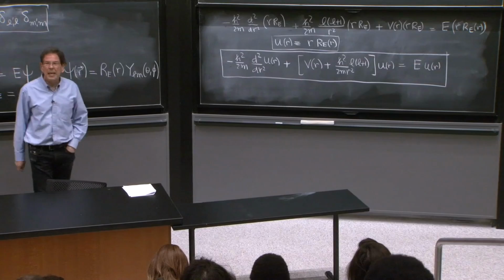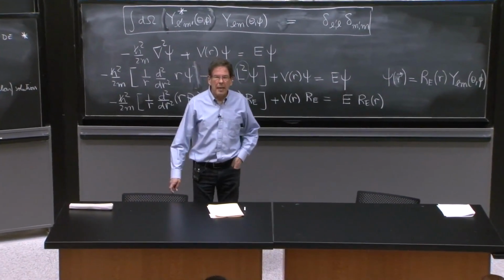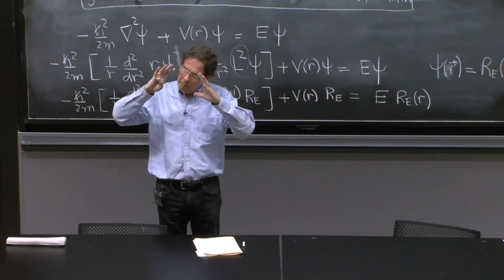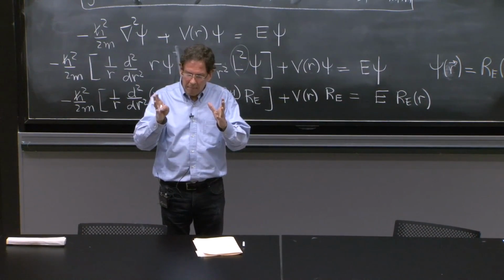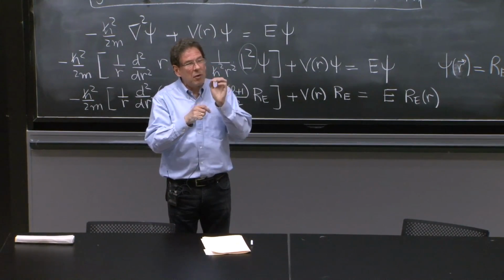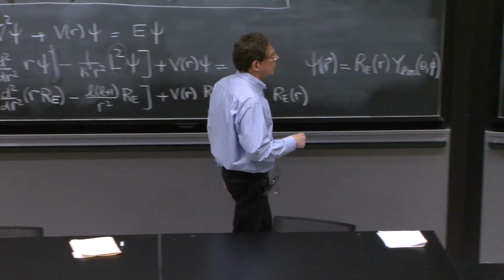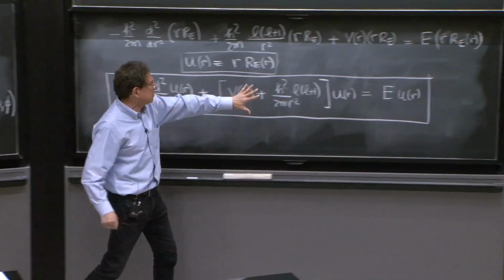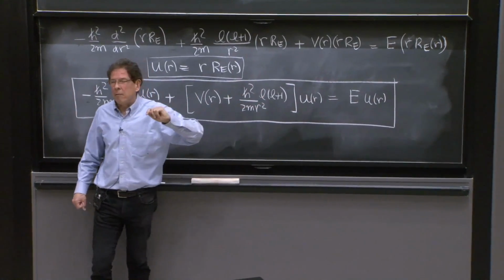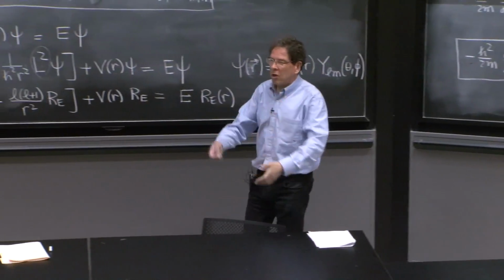And what you see is another important thing. If you look at a given particle in a potential, you have many options. You can look first for the states that have zero angular momentum, l equals 0, and you must solve this equation. Then you must look at l equals 1. There can be states with l equals 1. And then you must solve it again.